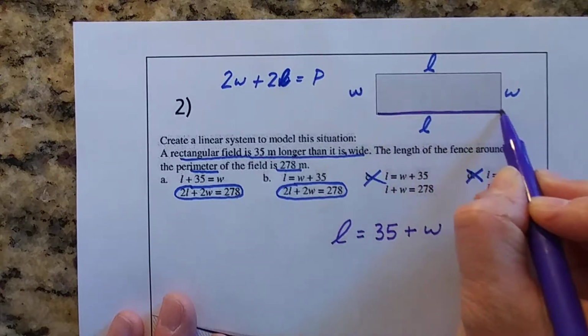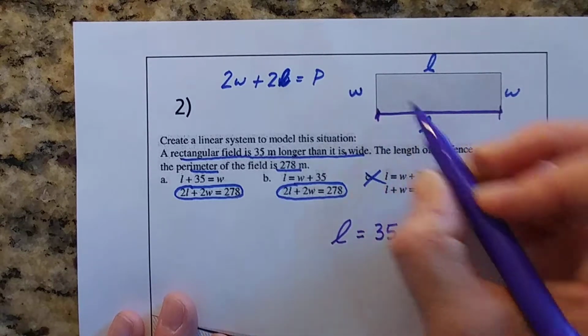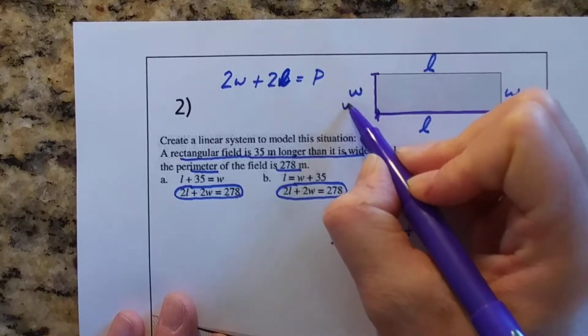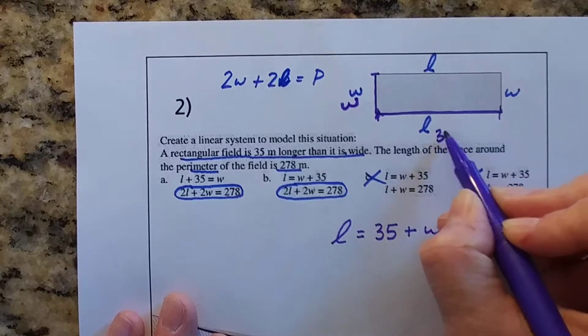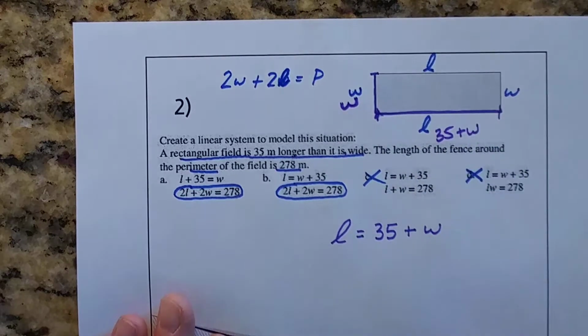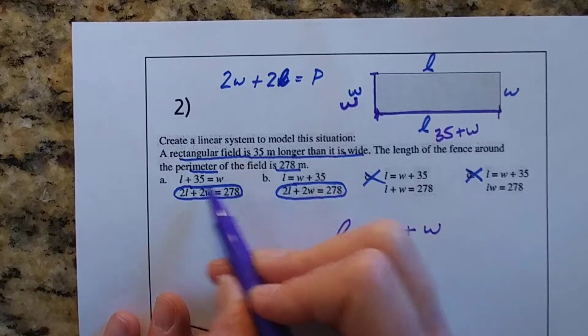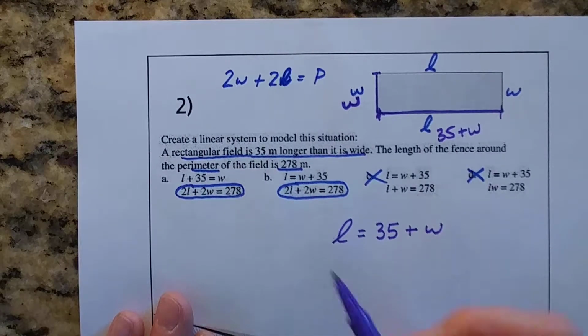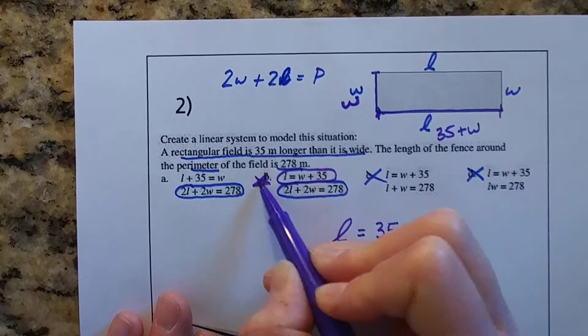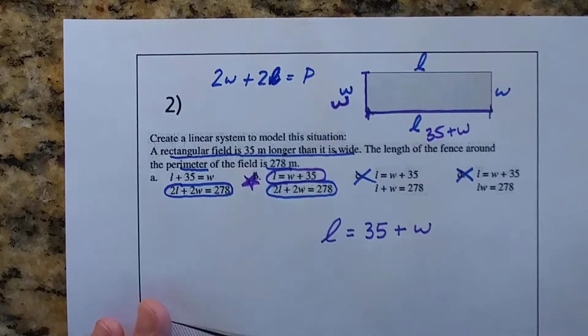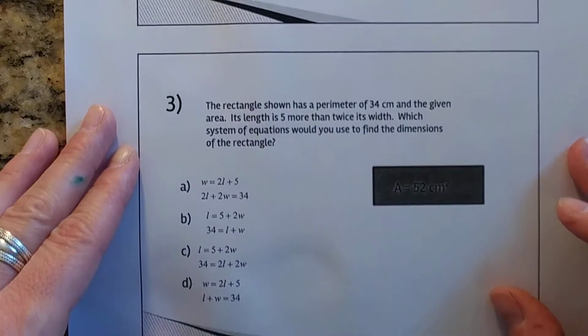This part right here, that's our length. Here's our width. If I represented width with a W, this length would be 35 plus W, wouldn't it? So take a look for this equation. It looks like it matches with this one. Answer would be B. That would be the system. Now I could solve the system to figure out how long and how wide it is, but we're just asked to pick which system. Let's look at number 3.